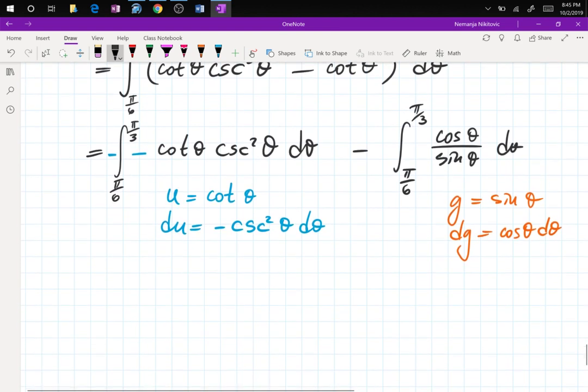Now I also need to transfer the limits. We have a negative integral of u du. So that's very cheap. On the other side over here, I have the integral of dg over g. So they're both easy. I just need to figure out limits and we're done.